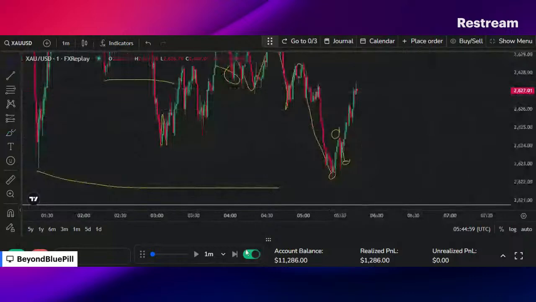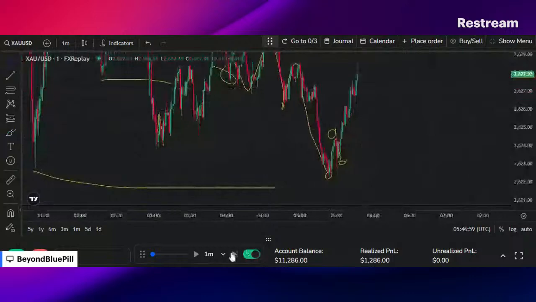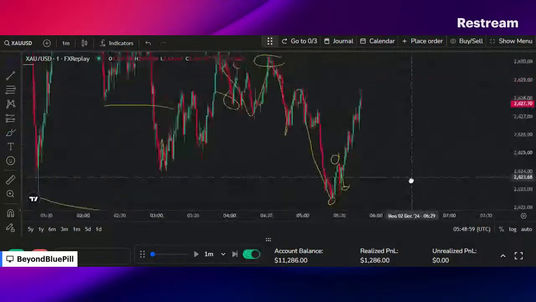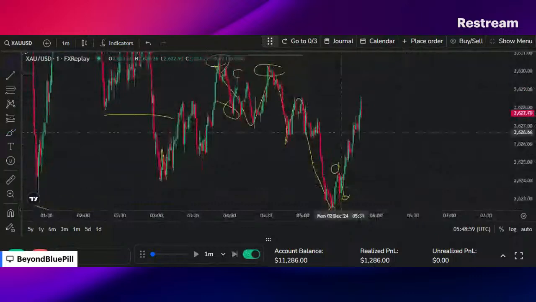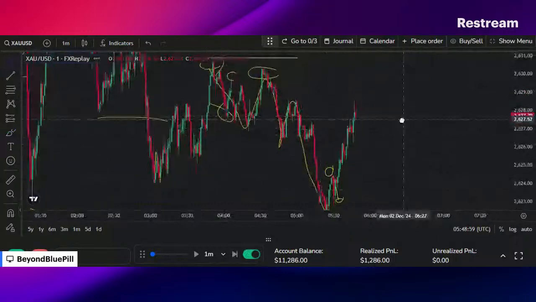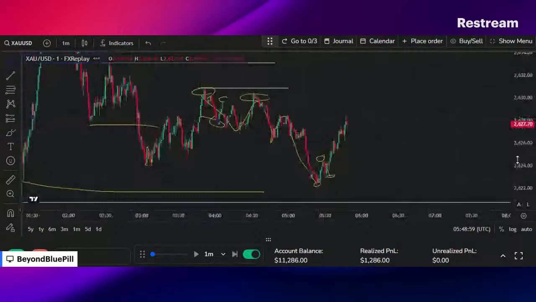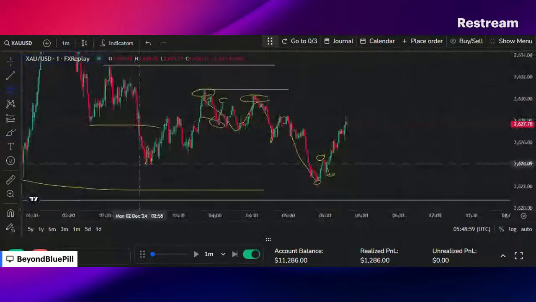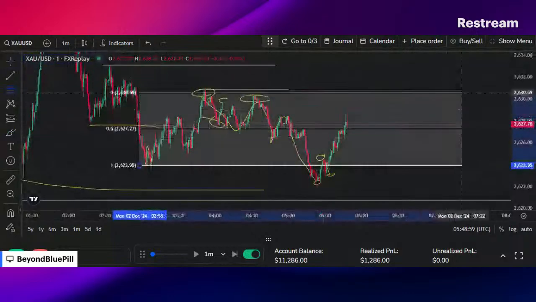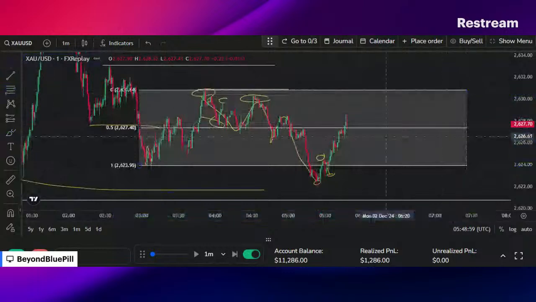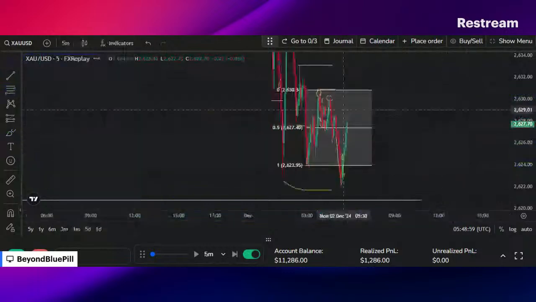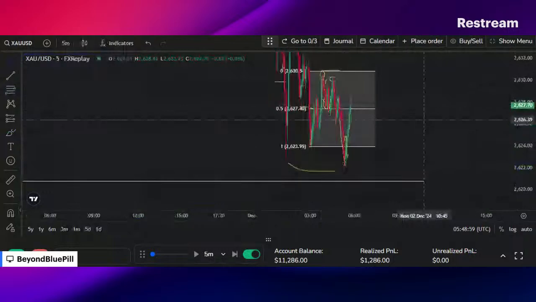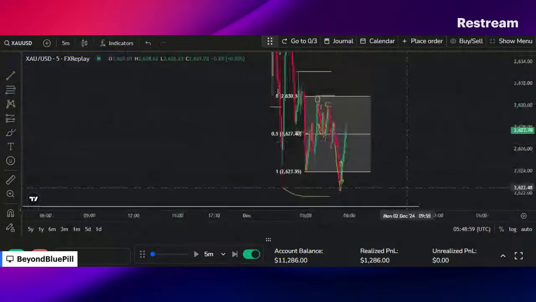Let's see. Trade it up. I want to see a 50% attempt, and if we don't, oh, look at that. Look at that move right here.